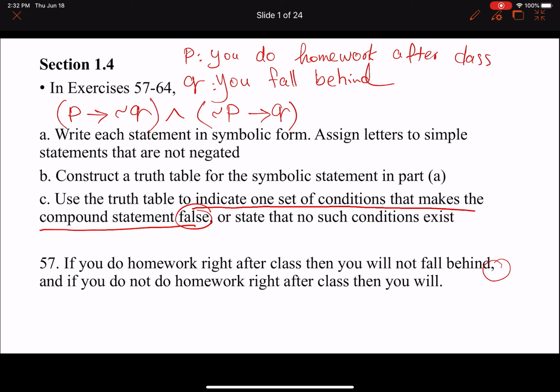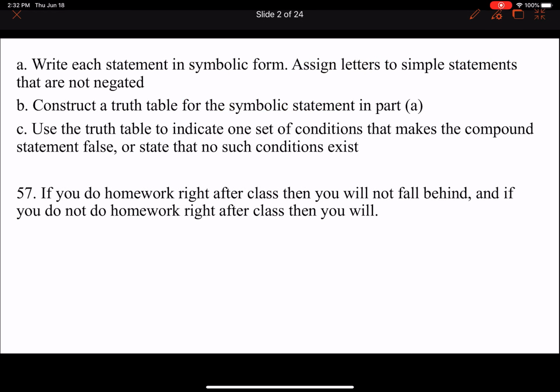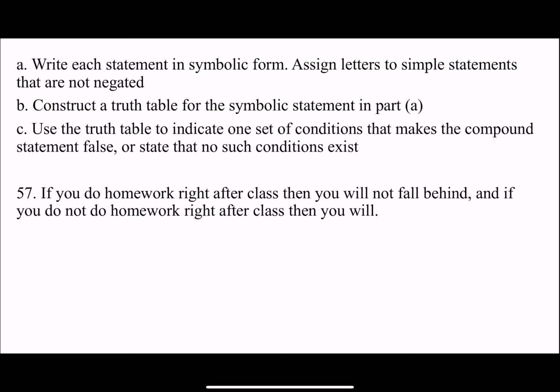So here's the statement that we have. We can make a truth table for that, and then it says find a set of conditions that actually makes the statement false.